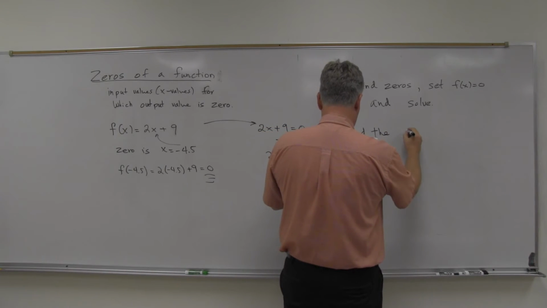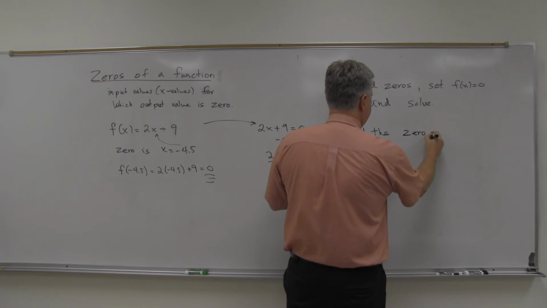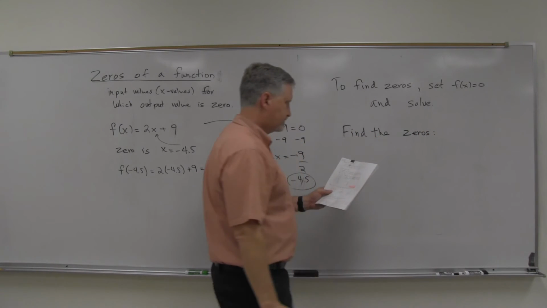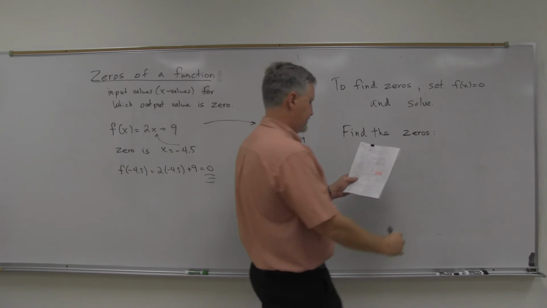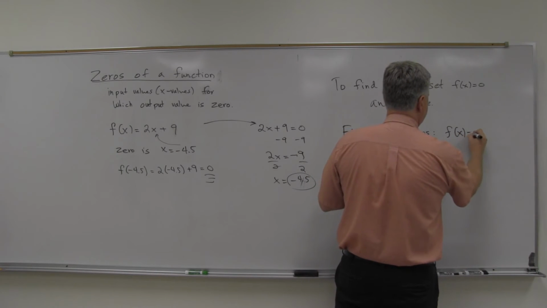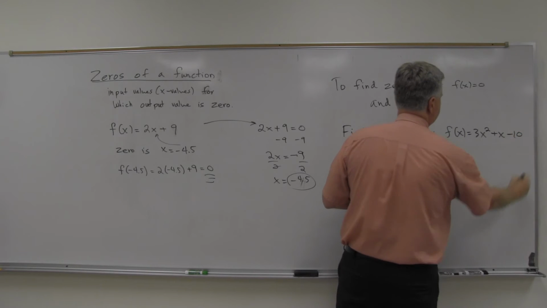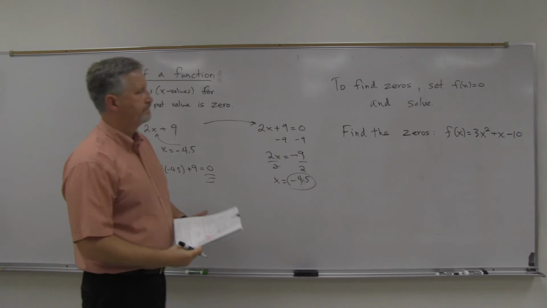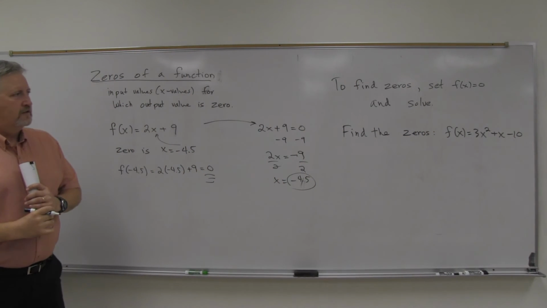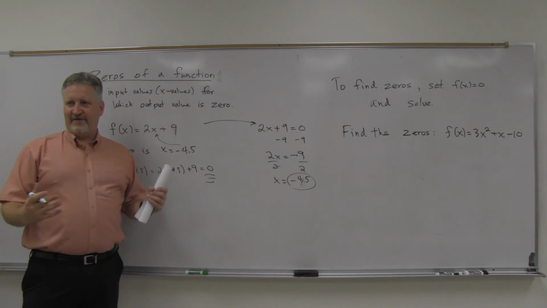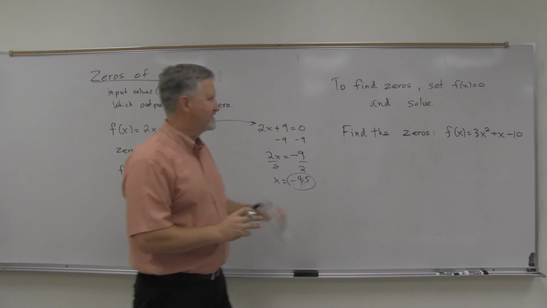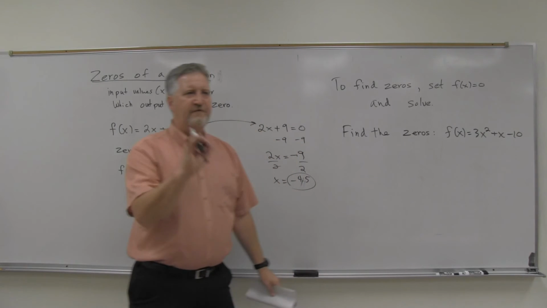All right, so find the zeros here. F of x equals 3x squared plus x minus 10. This one is actually the solving type of equation, because zeros mean f of x is 0.